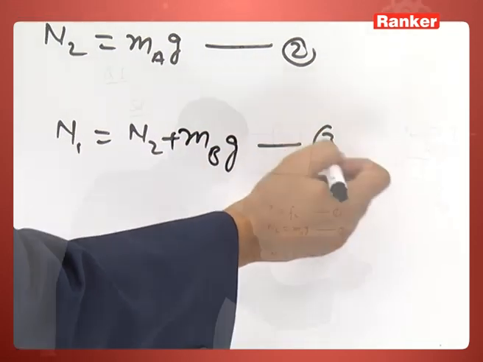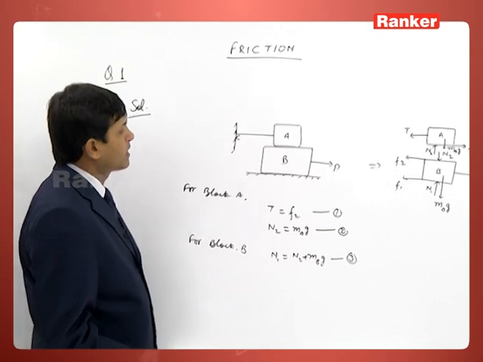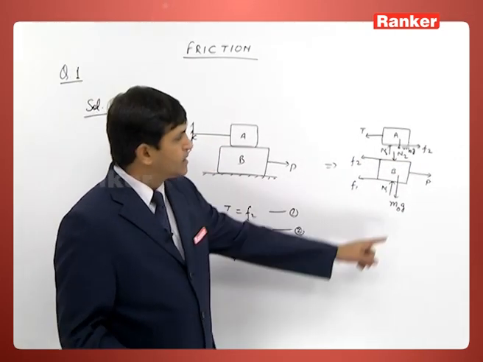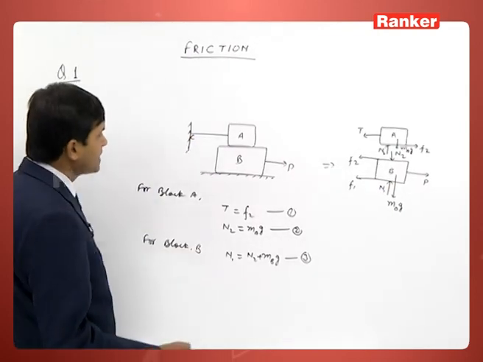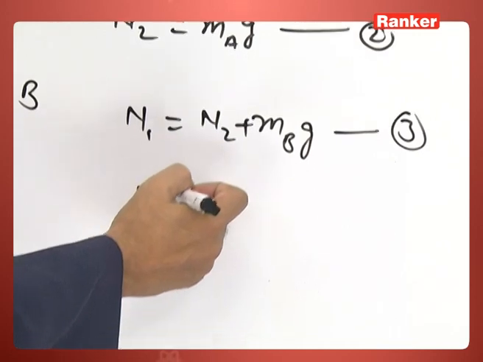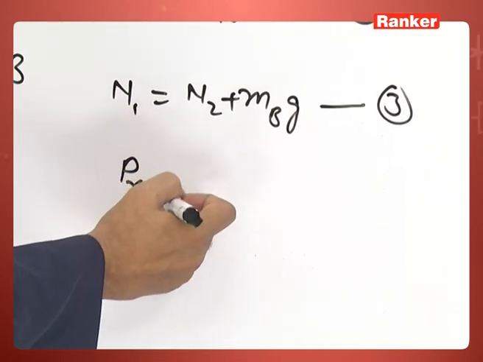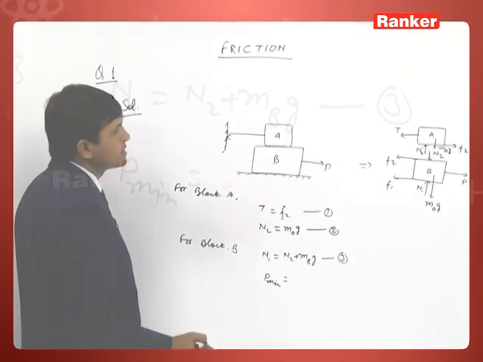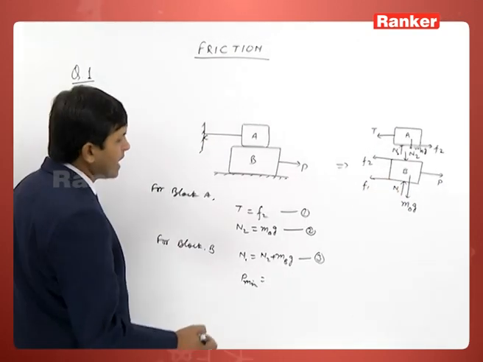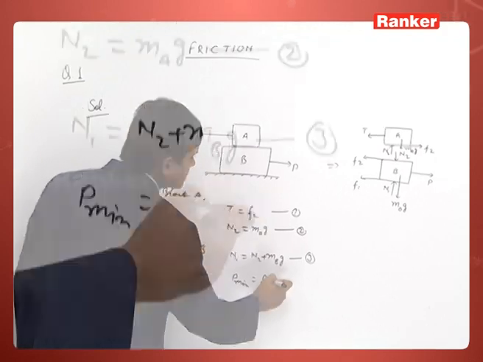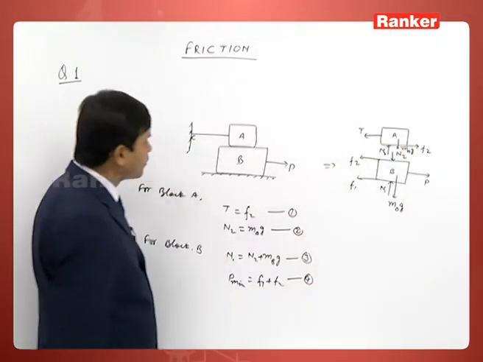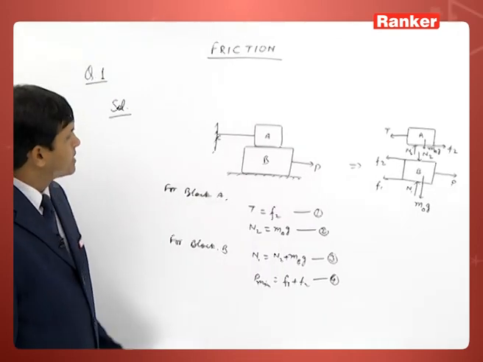This is equation number 3. And in the horizontal direction, that P we have to calculate. So in the horizontal direction, the minimum force P for motion of block B must be F1 plus F2. This is the fourth equation here.